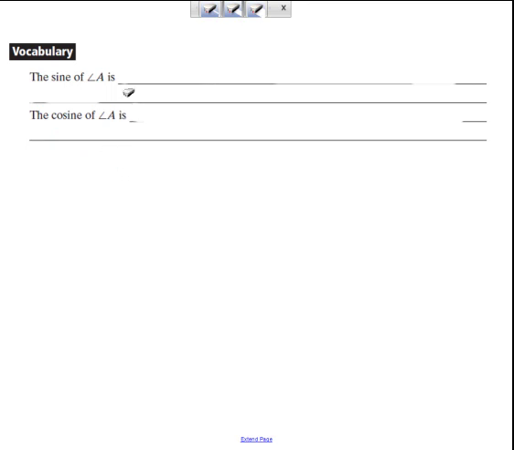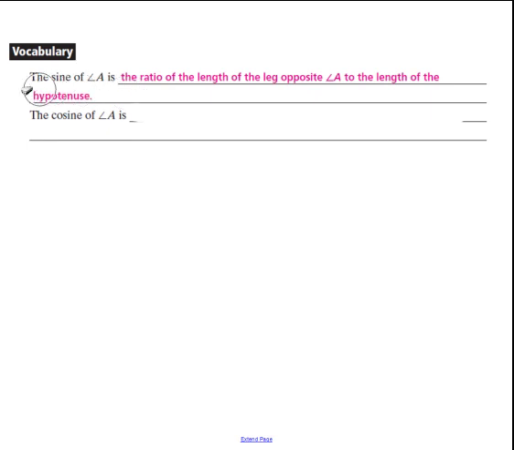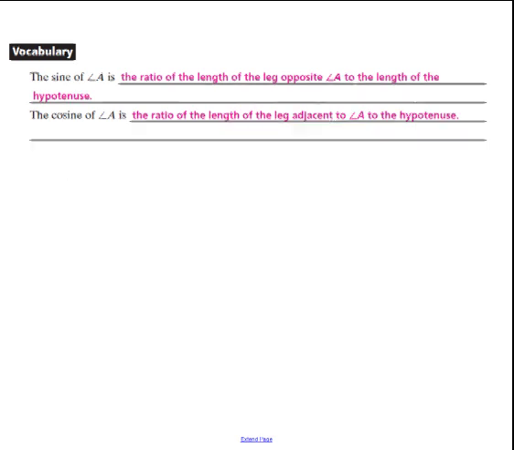So sine is the ratio of the opposite leg to the angle over the hypotenuse, and cosine is the ratio of the adjacent leg over the hypotenuse. So tangent is opposite over adjacent, sine is opposite over hypotenuse, cosine is adjacent over hypotenuse. And we're going to learn a nice fancy way to remember that in a minute.